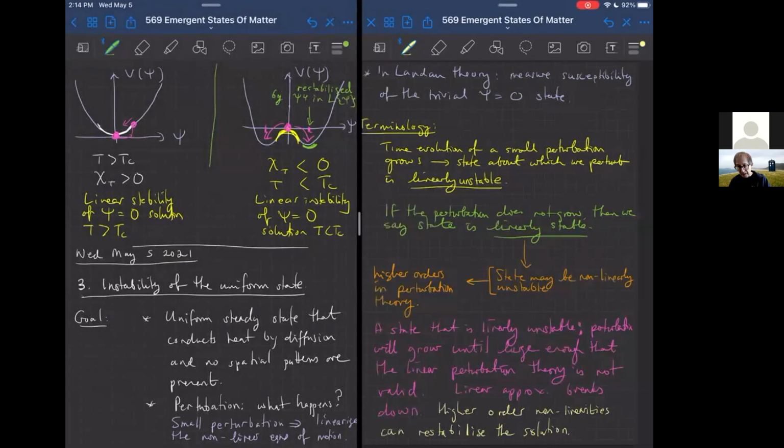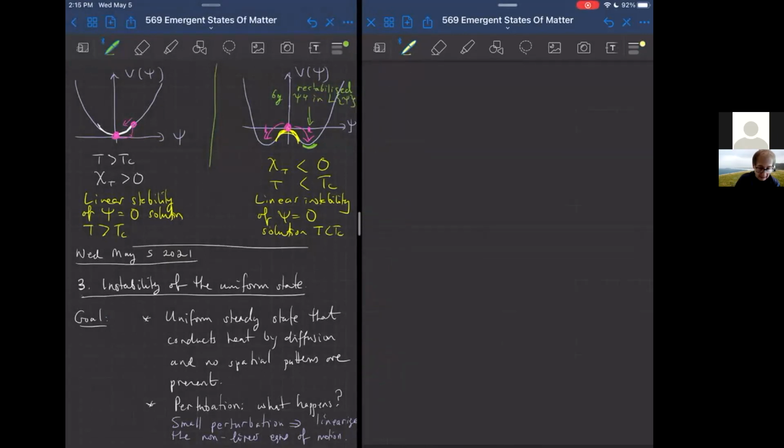Okay, and we know that's true because if we write down our Landau free energy, and I'm just not going to write down the gradient terms, just look at the uniform terms, then for r naught less than 0, the psi equals 0 state is unstable.